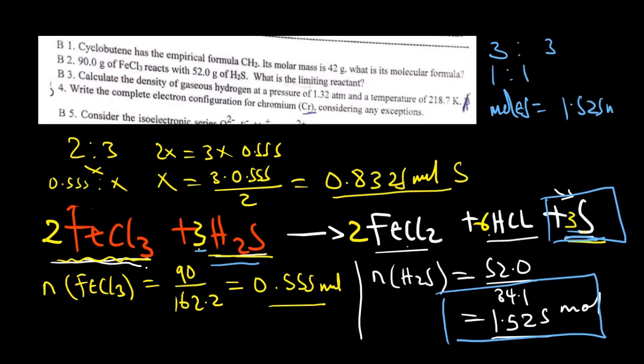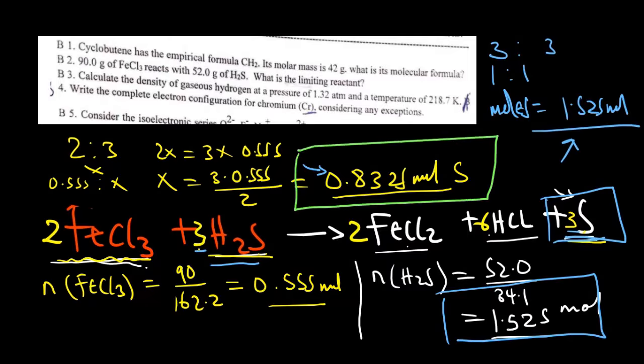So we're going to say the moles of sulfur from the hydrogen sulfide will just be 1.525 moles. Okay, so now you compare which reactant gave us the fewest number of moles. The reactant that gives us the fewest number of moles will be our limiting reactant. From the FeCl3 we are getting these moles, and from the H2S we are getting these moles. So the one that gives us the least amount of moles is this here.